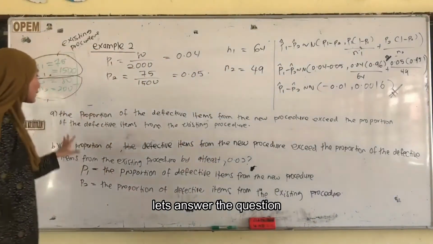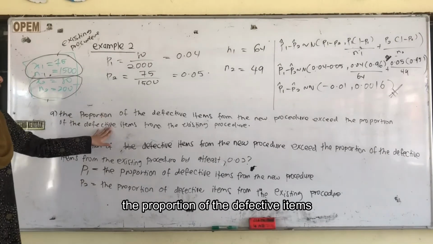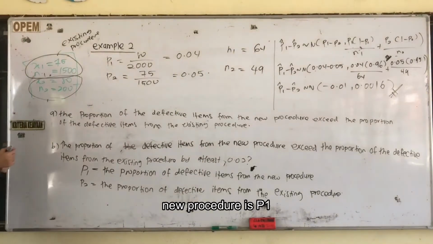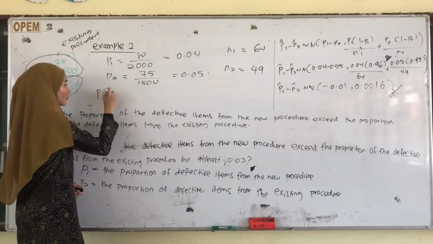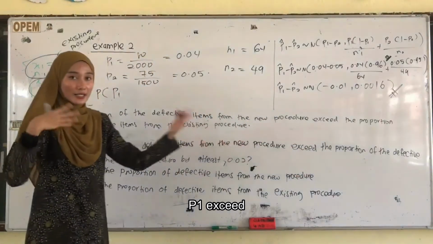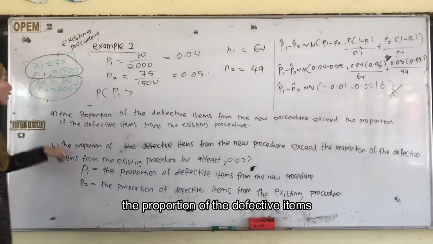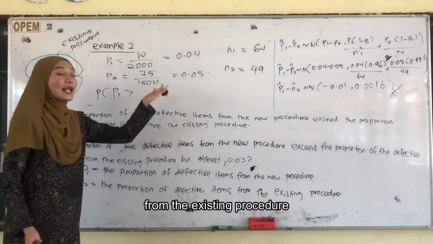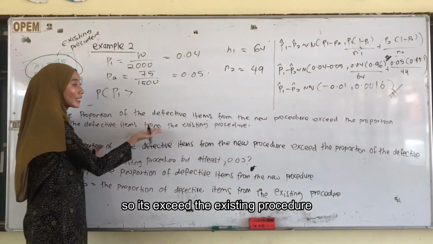Let's answer the question. The first question is the proportion of the defective items from the new procedure. Procedure is P. The new procedure is P1, exceed the proportion of the defective item from the existing procedure.